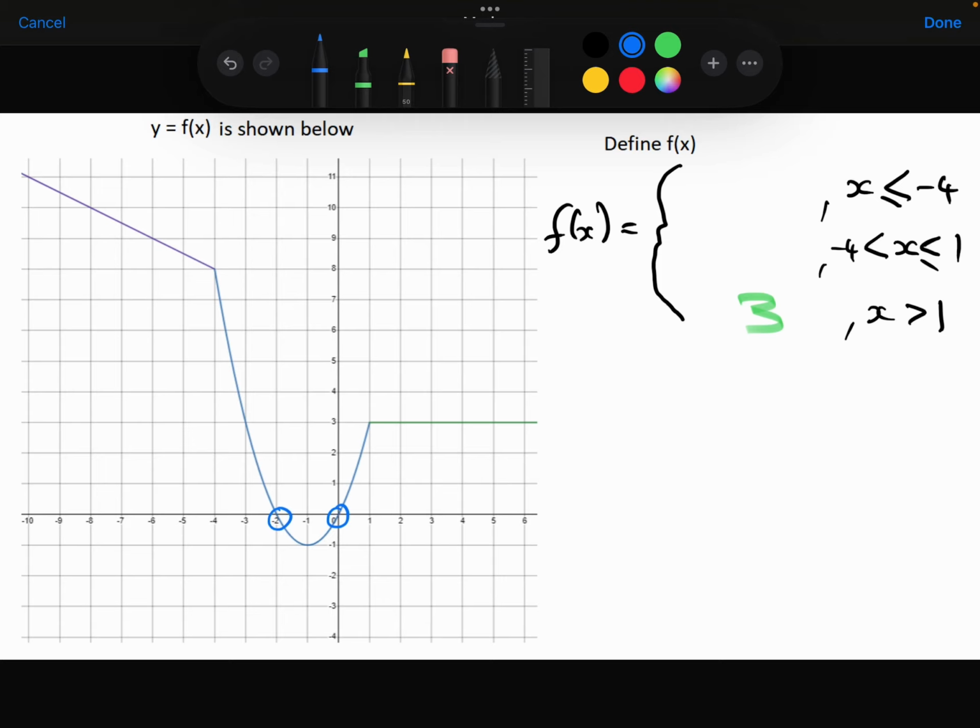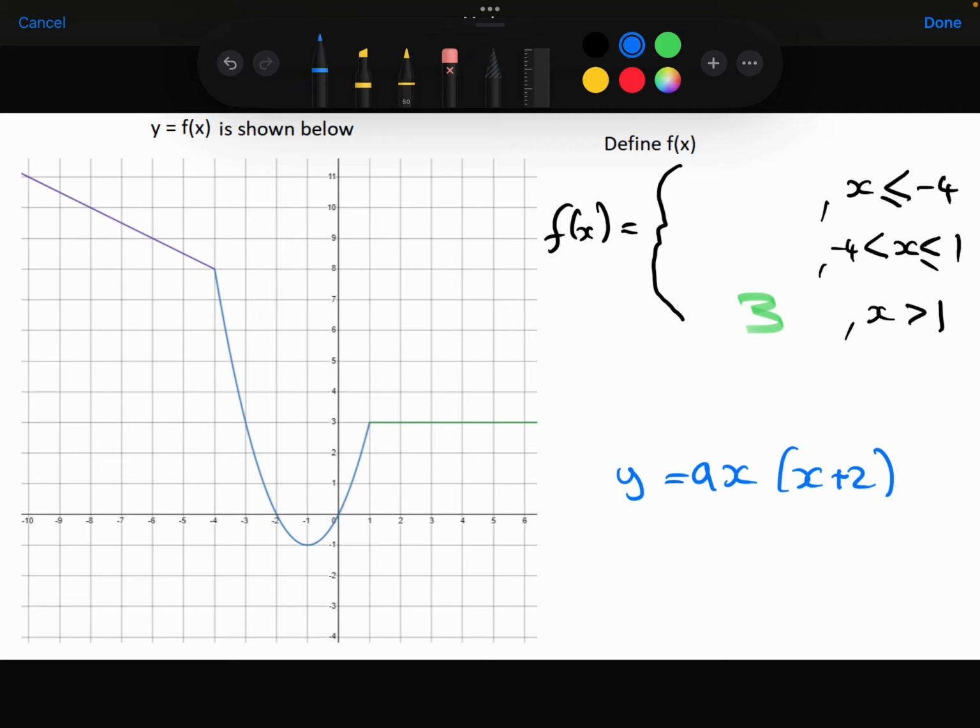So that's making me think that I could have something that looks like this. This is giving me the root of minus 2. This is giving me the root of 0. But I do need to be a little bit careful because there could be a coefficient at the front that I need to find.